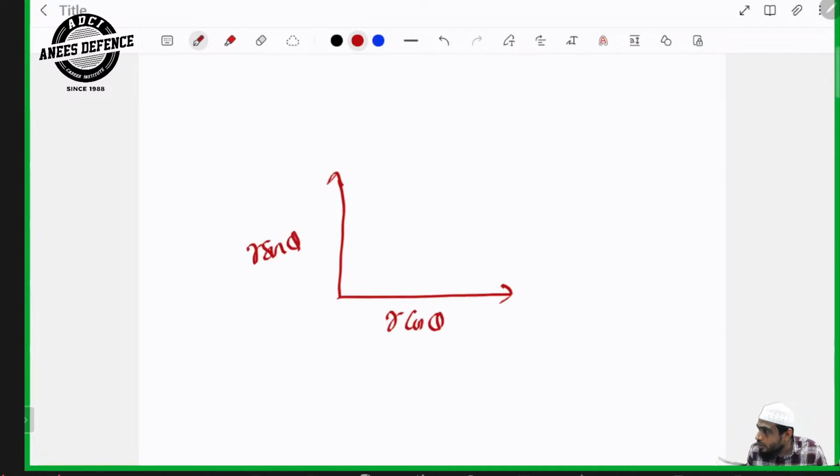What will be the resultant? The resultant will be r, and the theta will be on this side. So this is theta. Understood?